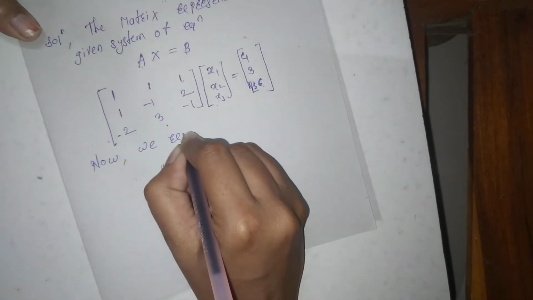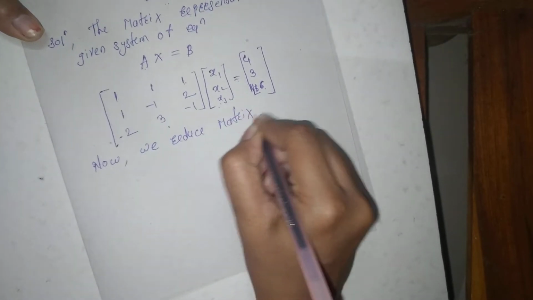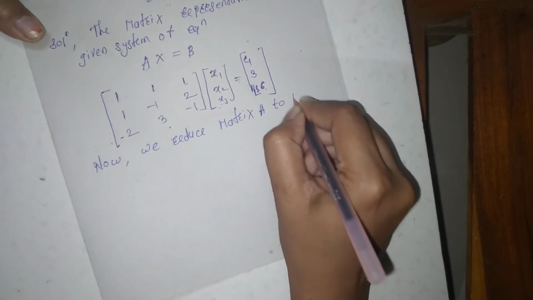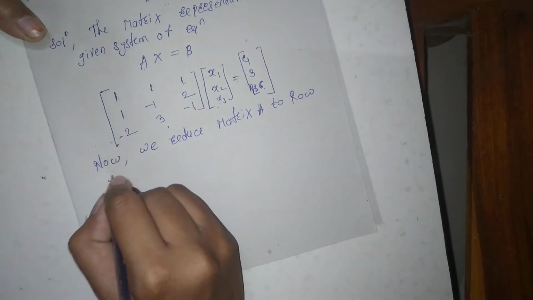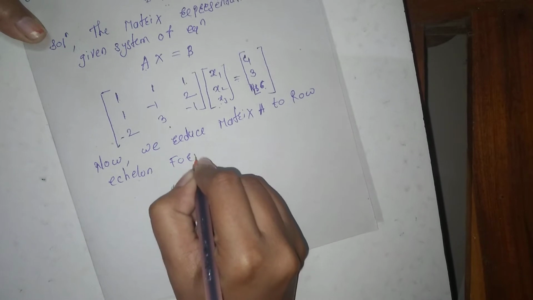Now we reduce matrix A to row echelon form.